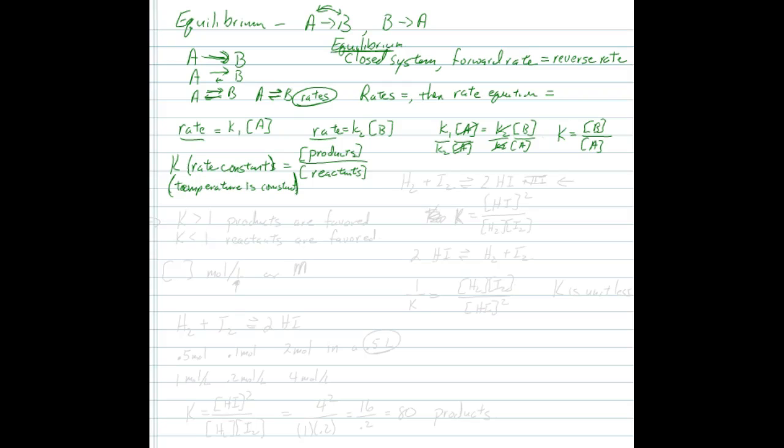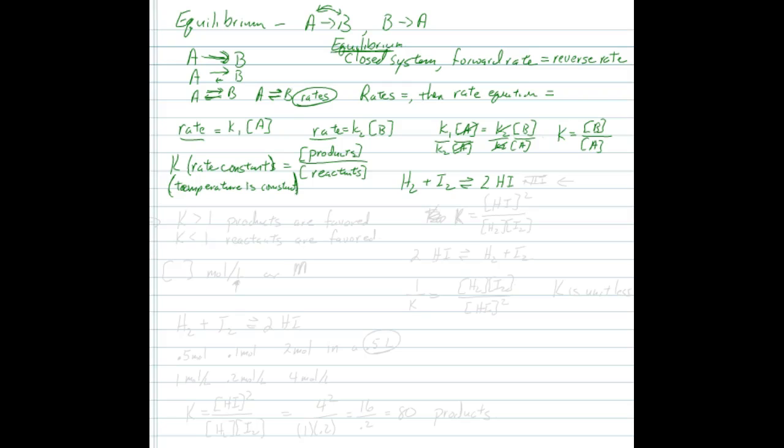An example of writing a KEQ expression for the reaction H2 plus I2 is in equilibrium with 2HI. What you do is you multiply the things.